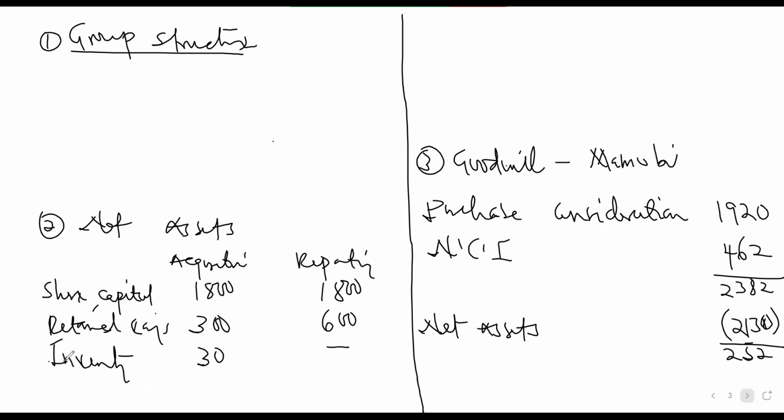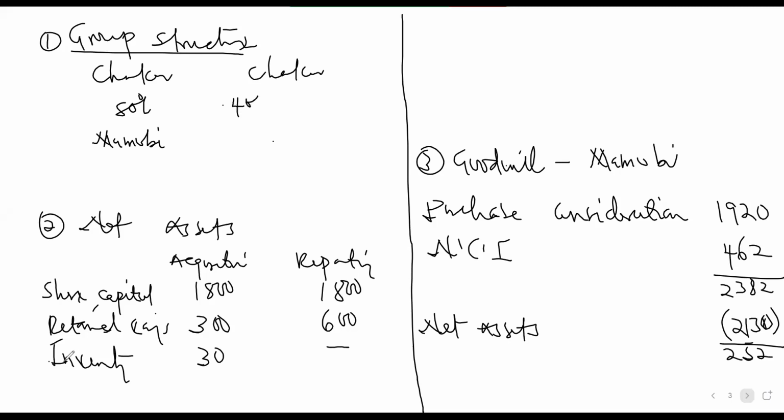So in the group structure, we have Choco with 80% in Mamobi. Then we have Choco again. Then we find the parent's interest in the subsidiary.